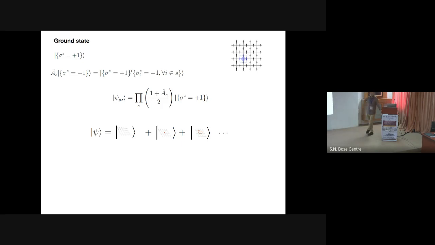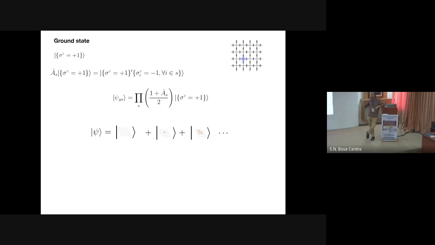So the ground state, unlike in the ferromagnetic or antiferromagnetic case, is not almost a product state with some spins pointing up and some pointing down. Okay, but this is a superposition of states with spins on closed loops being down in a background of up spins, and it's like a huge superposition.